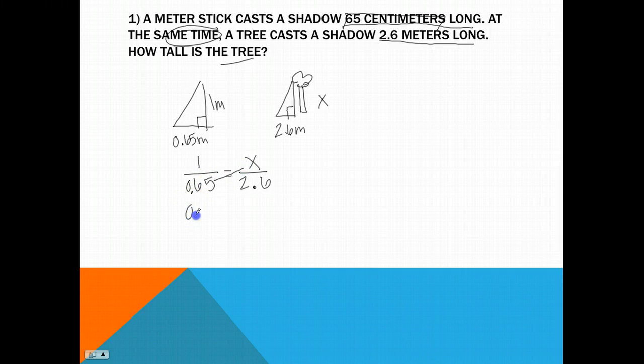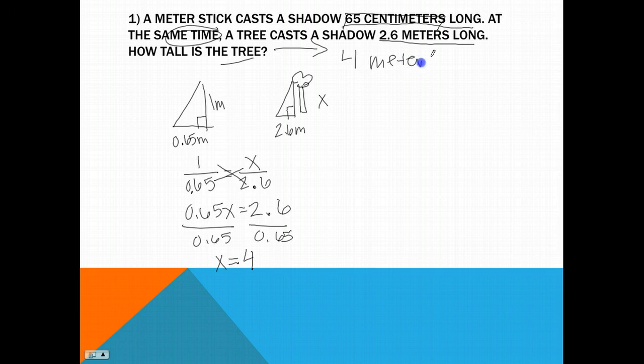Cross multiply, so we get 0.65x equals 2.6. Then divide both sides by 0.65. So our x value is 4. So we want to know how tall that tree is. It's going to be 4 meters since everything is in meters. So we're setting up proportions there. Once again, you're going to see a lot of review today.